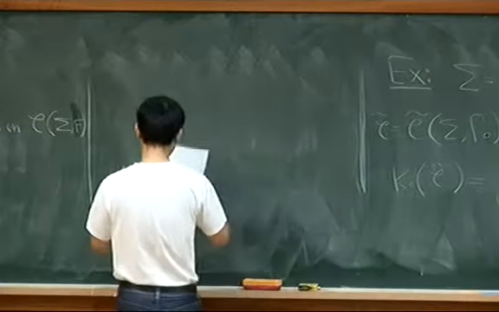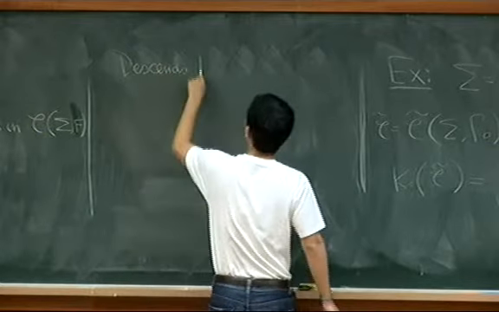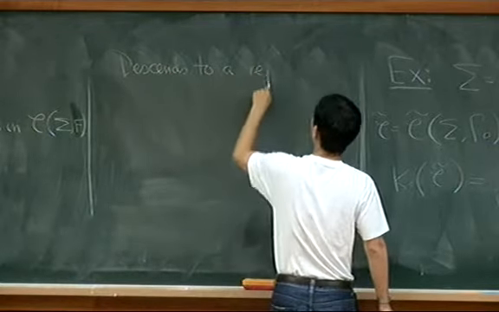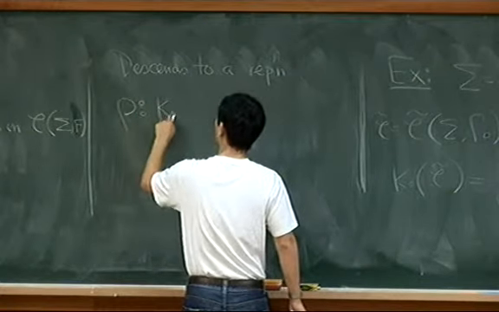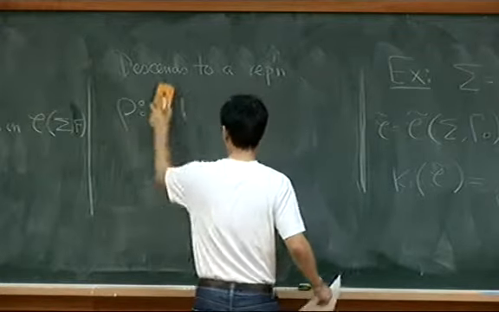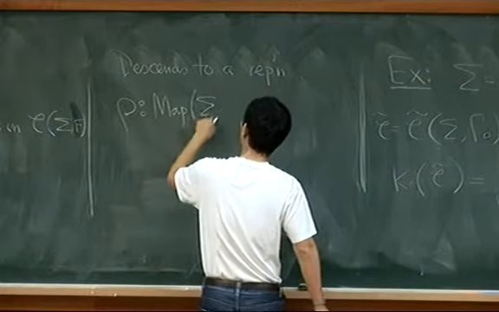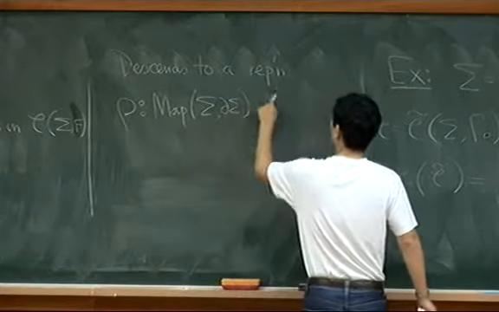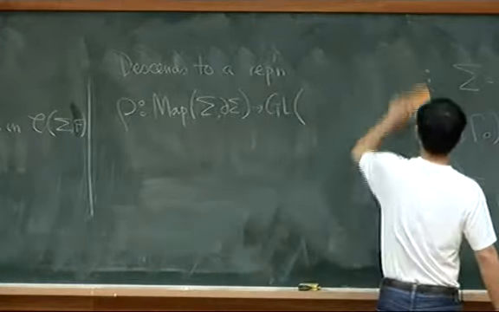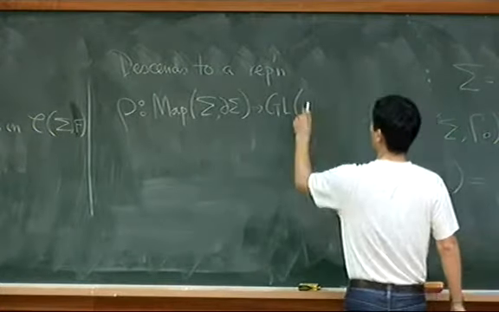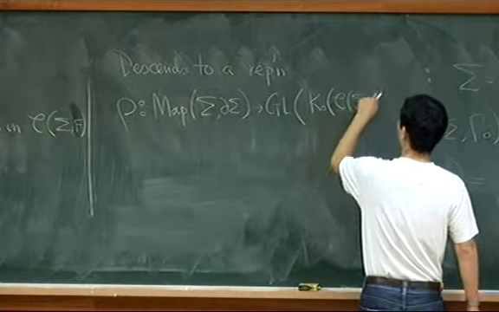So it actually descends to a representation, let's call it rho, not from K0, sorry, from the mapping class group of sigma, of boundary sigma, to GL of the Grothendieck group of C of sigma F.